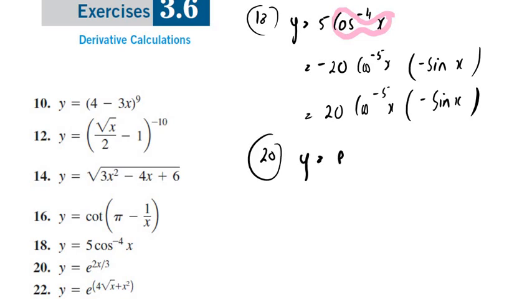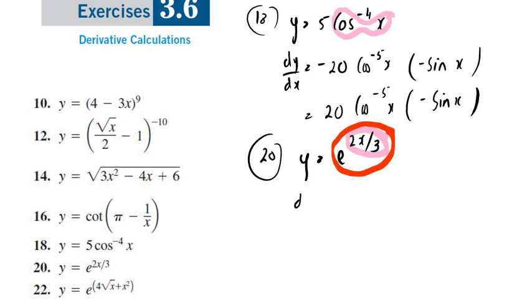We multiply minus 4 by 5, that is minus 20. We keep cos as it is, and we subtract 1 from the power, so we have minus 5. And when we differentiate the baby function, which is cos x, we get minus sine x. So we bring it to the front, it's 20 cos to the power minus 5x times minus sine x.